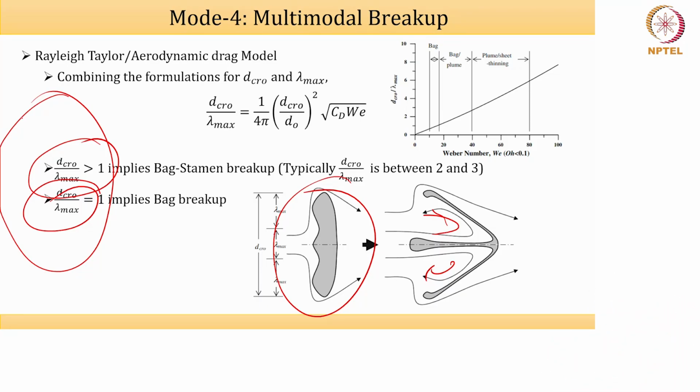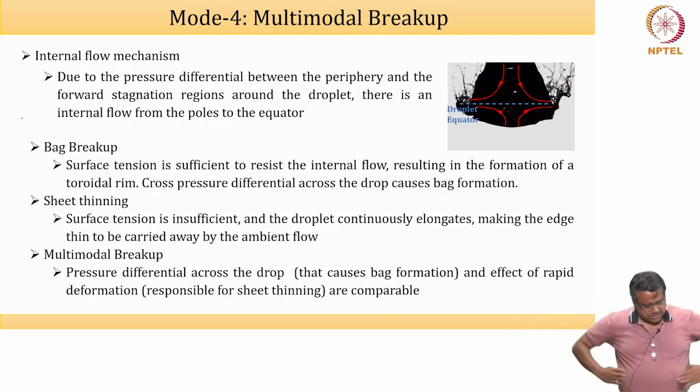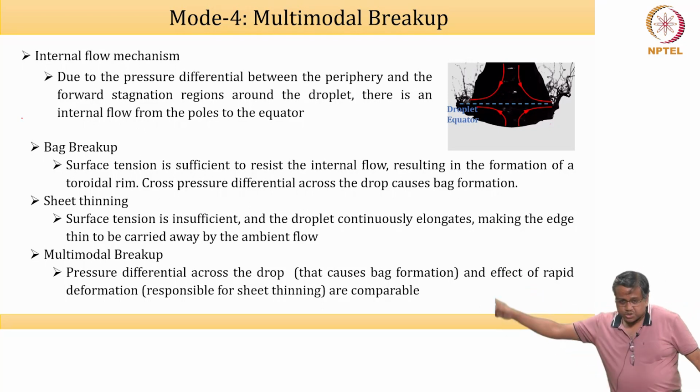Another type of breakup, which I will talk about at the extreme end after we cover the other mechanism, is once again from our work, where we call it an internal flow mechanism. When you have this deformed droplet, you have a flow from the pole to the equator, exactly the way that is just shown over there.